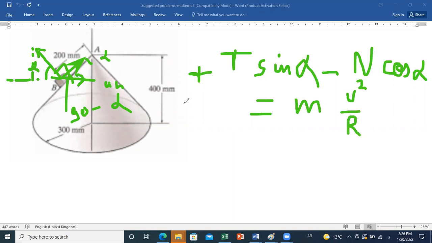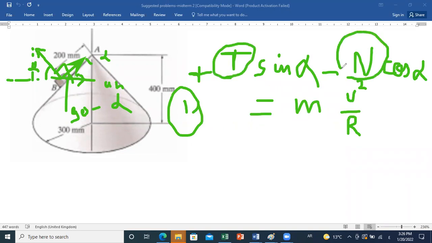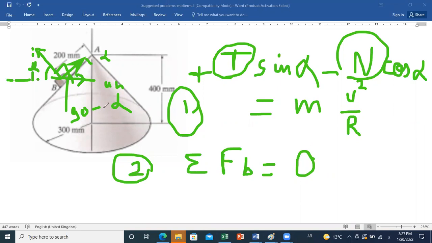So this will give me equation number 1 between the two unknowns, which are the tension of the cord and the normal reaction. So all I need now is to write the second equation, which is the projection along UB. We know that in UN, UT, UB, the sum of forces along UB is always 0, because UB is perpendicular to the plane of motion. Now, UB is the vertical direction.